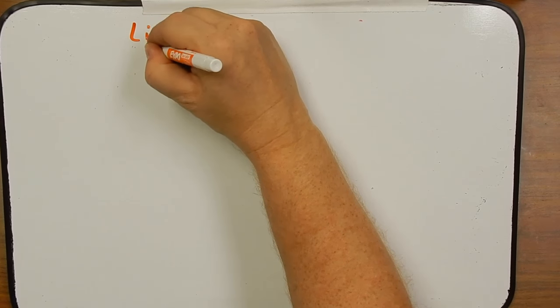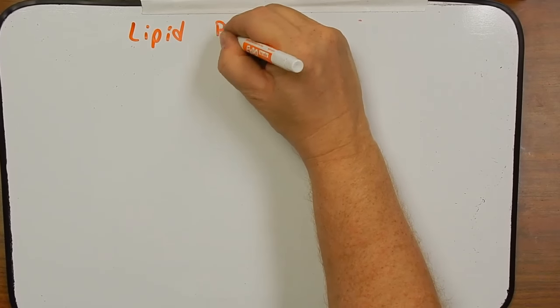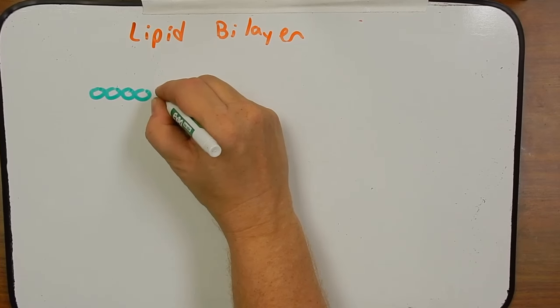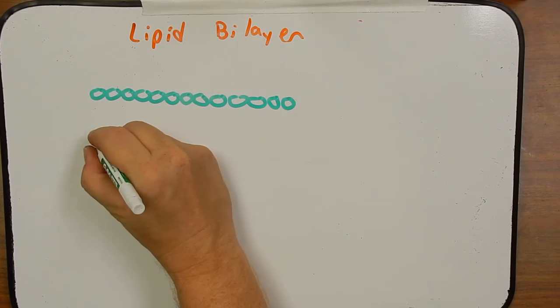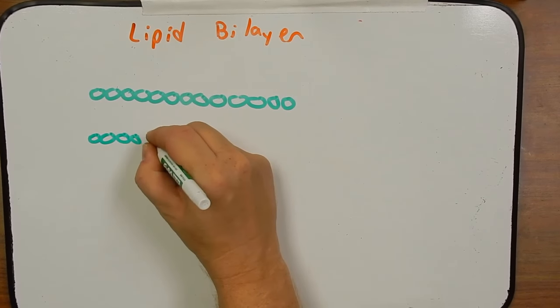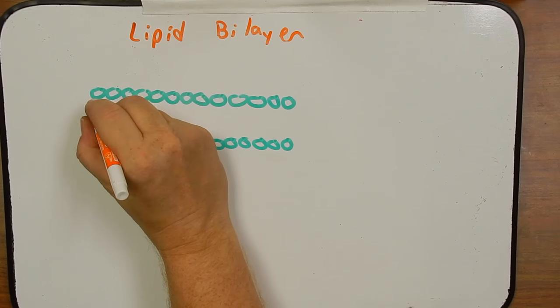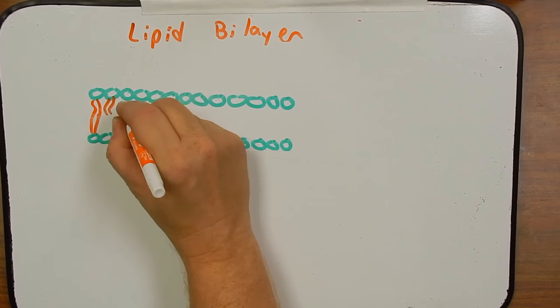Now I want to take some time and draw the lipid bilayer, the whole lipid bilayer. These lipids, phospholipids or glycolipids, will all have their polar heads on the outside with their nonpolar tails on the inside.